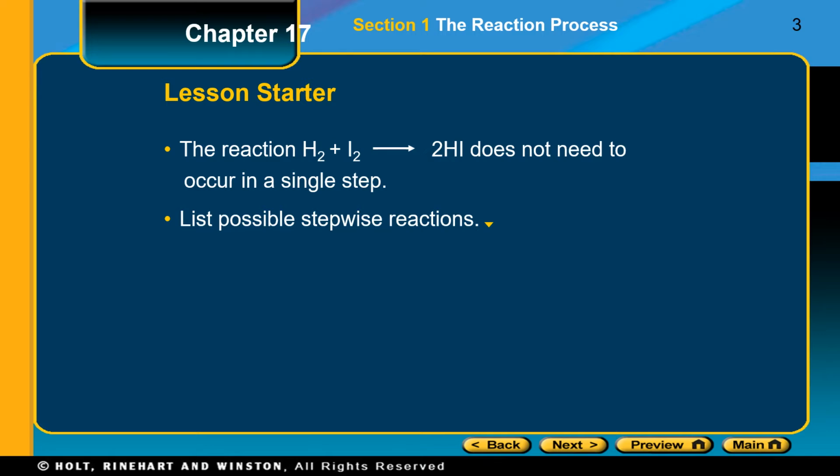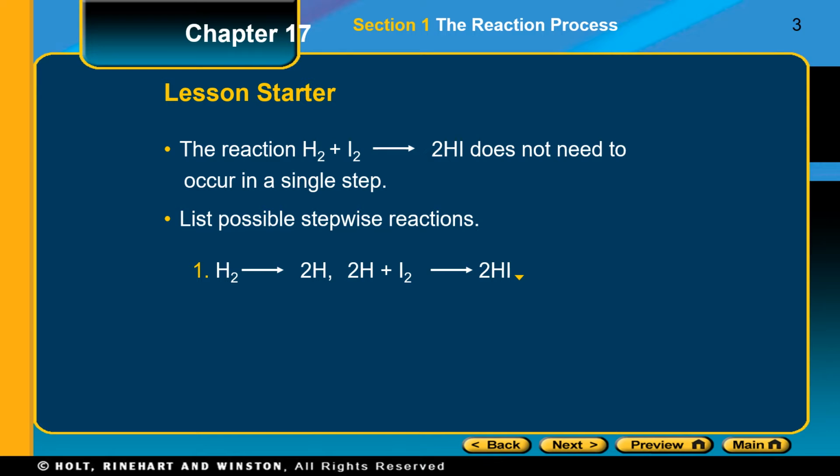So let's think about what are the possible stepwise reactions that could actually occur. Well, we first of all could have the hydrogen molecule somehow breaking apart and becoming two separate hydrogen atoms.